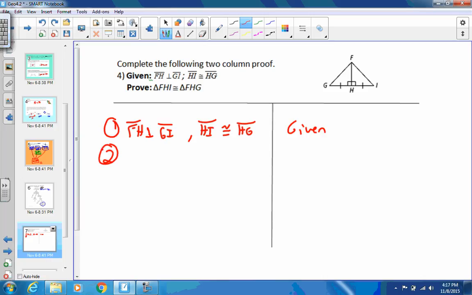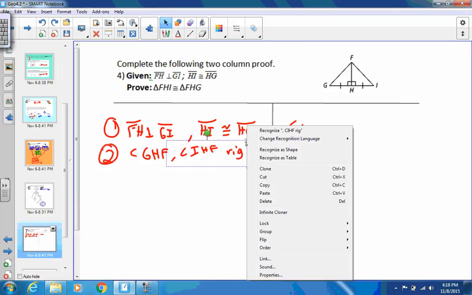Now this is going to be a short one too, I think. We technically did not state it yet, but angle GHF and angle IHF are right angles.